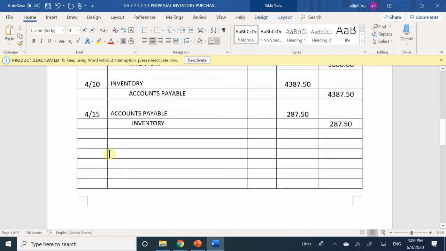This would be inventory at $1,220 and accounts payable at $1,220. Wait, hold on. We're making a purchase, correct? Yes, we're purchasing. So we're going to recognize inventory and we're going to recognize accounts payable.